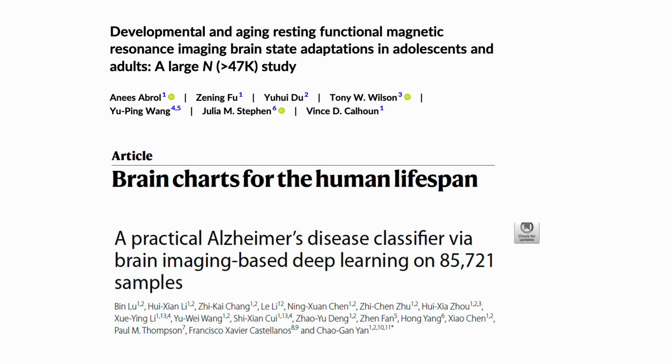So now there's been a lot of work on looking at big data. From 1,000 subjects using datasets like the Human Connectome Project and other large datasets, researchers have used much larger data now.